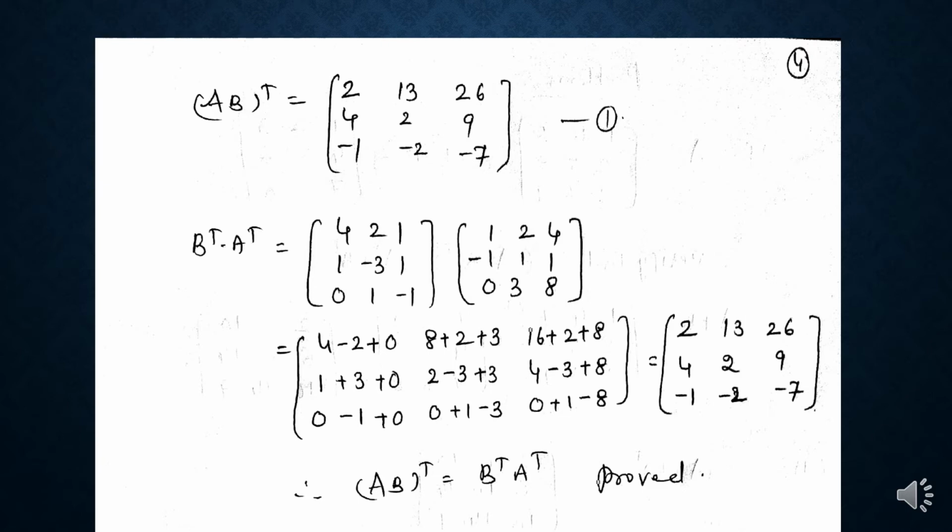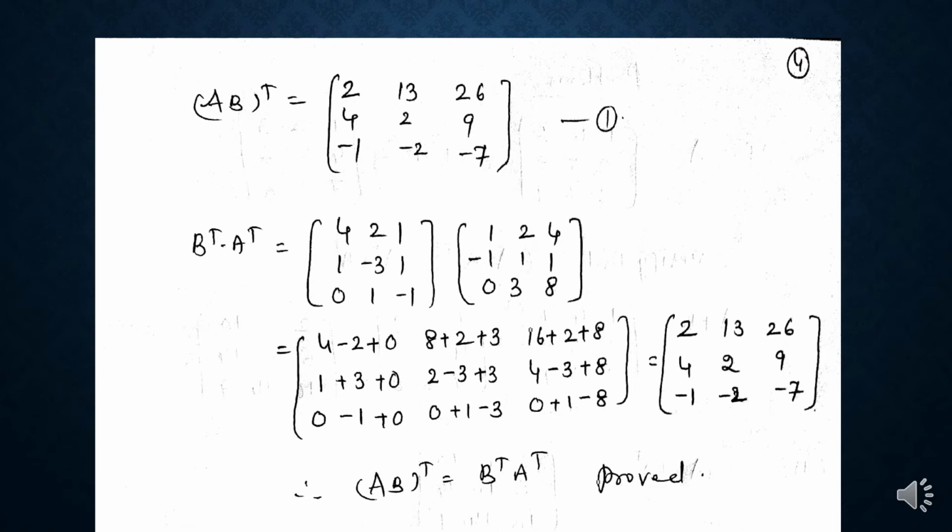So to find this, at first we have taken the two matrices A and B, and we calculated the product AB. After finding AB, we have written the transpose matrix of AB, that is AB whole transpose. Then keep it aside. Now we multiply B transpose into A transpose, that is [4, 2, 1; 1, -3, 1; 0, 1, -1] and [1, 2, 4; -1, 1, 1; 0, 3, 8].